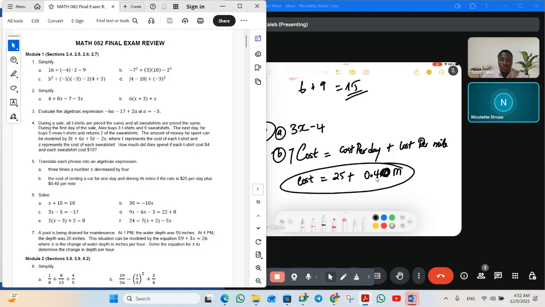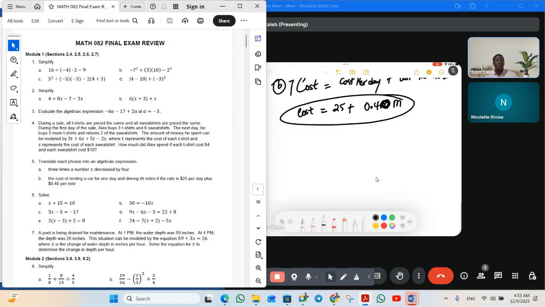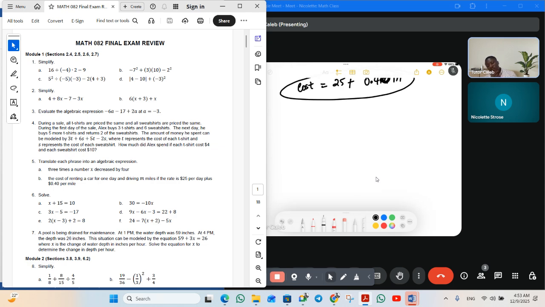Can you give me another question like that before we get off? Another question: find the cost of renting a room if the cost per day is $10.